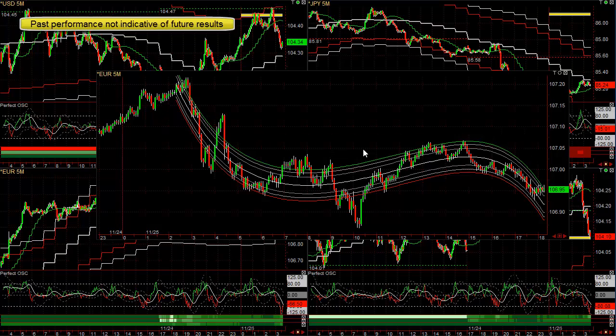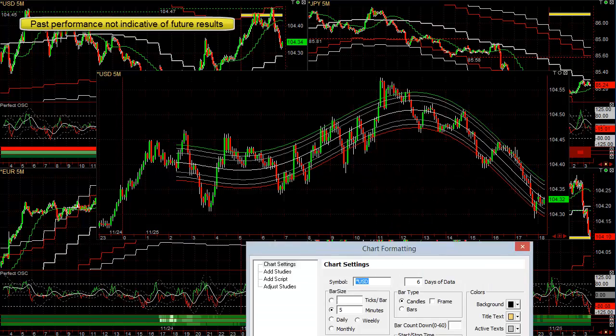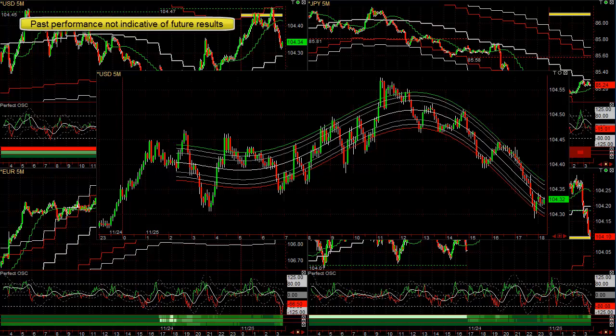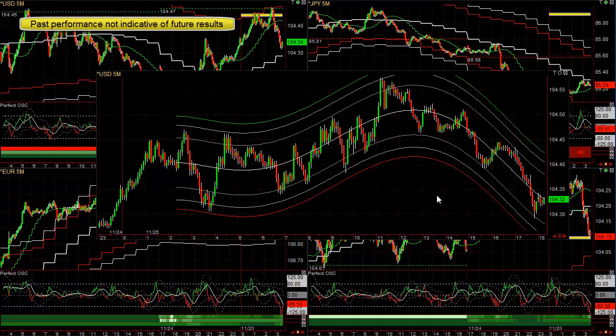Let's take a look at it on the dollar. I might need to increase the bandwidth a little bit for the indexes. There we go, that looks better.